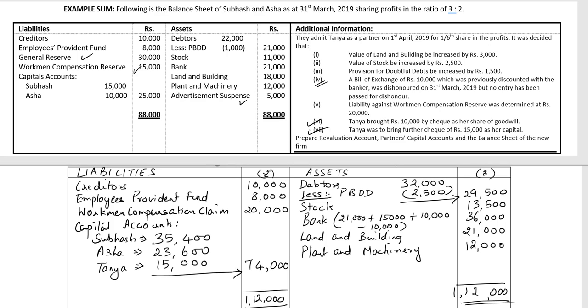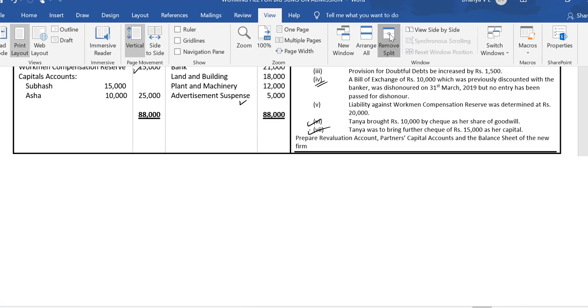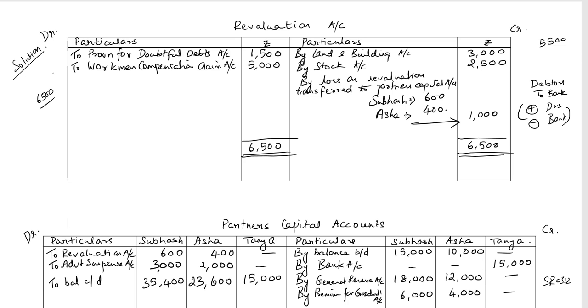I'll remove the split and we can view all the three accounts together. This was the first account which was prepared by us, the revaluation account. It resulted in a loss of 1,000 which was distributed among the old partners in the OPSR, which was 3:2. Then we went on to prepare the partners' capital accounts.